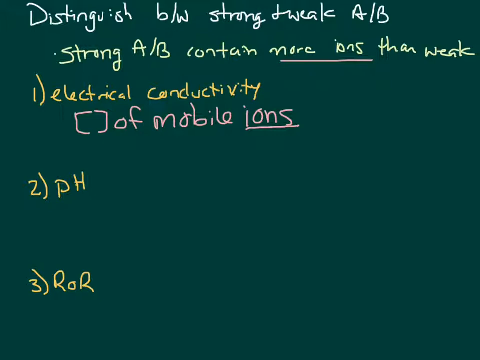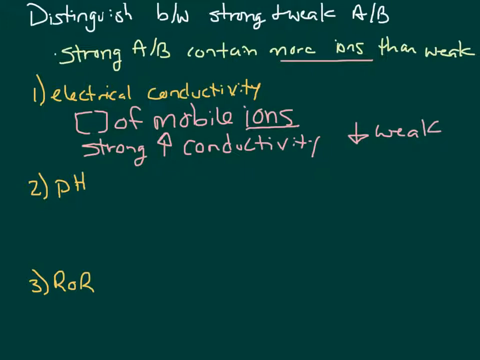Therefore, we know strong acids and bases fully dissociate, so they have an increase in their conductivity. And weak acids or bases decrease that conductivity because they have fewer hydrogen ions present.